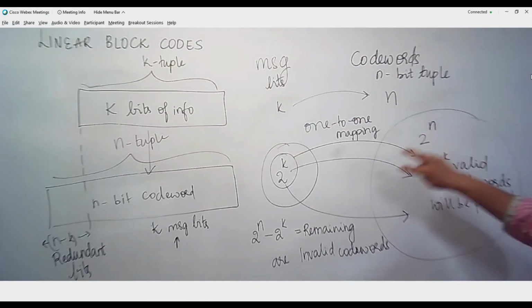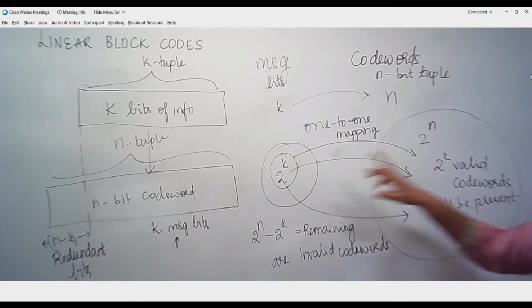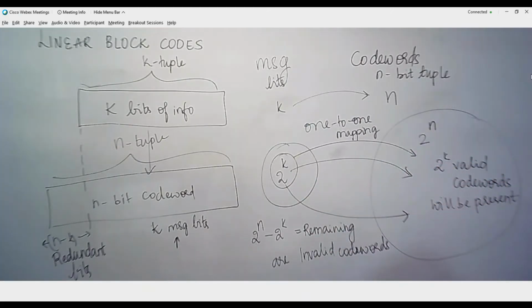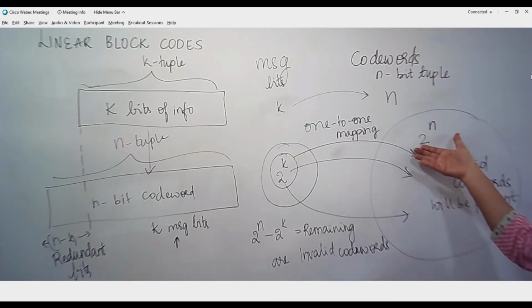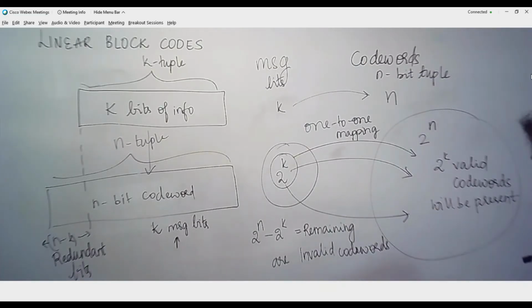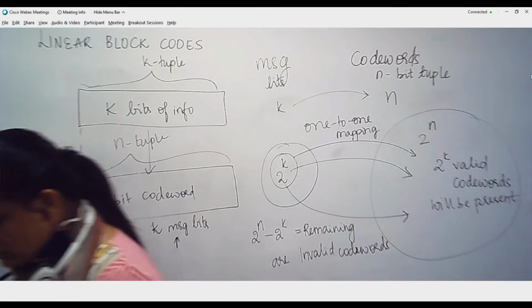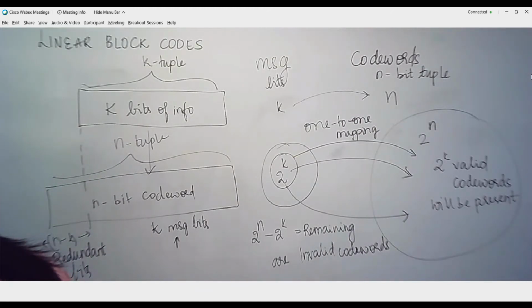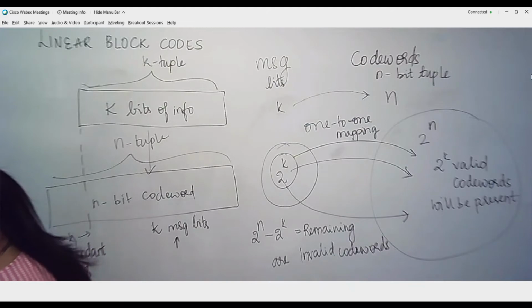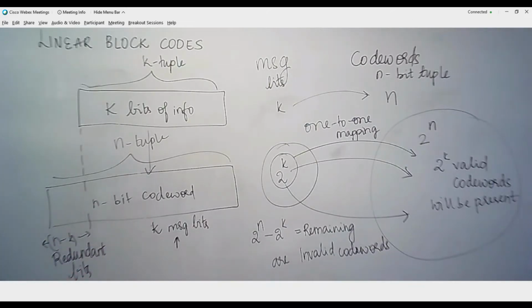None of the message signals will have multiple code words in this n dimensional vector space. Any doubts so far? Can we proceed? Please say yes or no. Yes, ma'am. Okay.